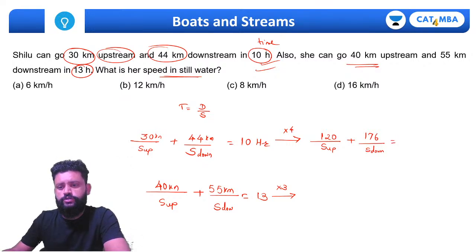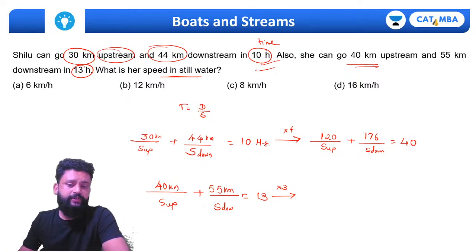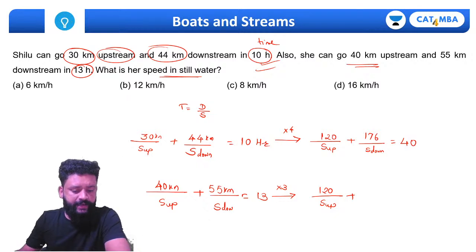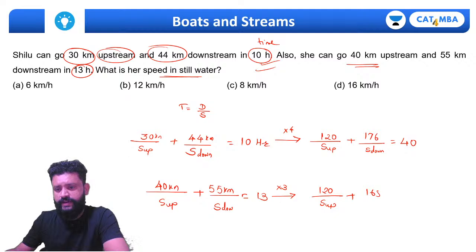This must be equal to 40. If you multiply the second equation by 3, you'll again get 120 divided by speed of upstream plus 165 upon speed of downstream. It's a really simple calculation, a little lengthy but not that tricky at all. You don't need to write all this, if you can directly write, that's perfectly fine.